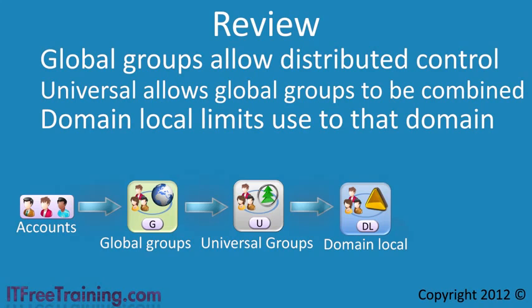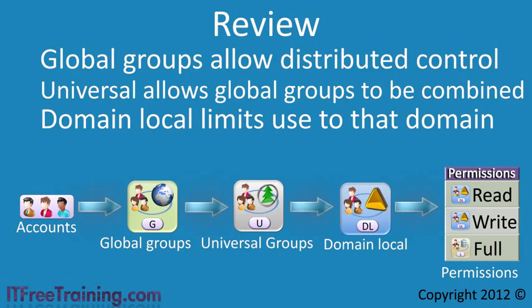The domain local group is then applied to the resource as a permission. This allows the local administrator to have control over how permissions on the resource are controlled. At any time, you can look at the membership of the domain local groups and audit access to the resource.